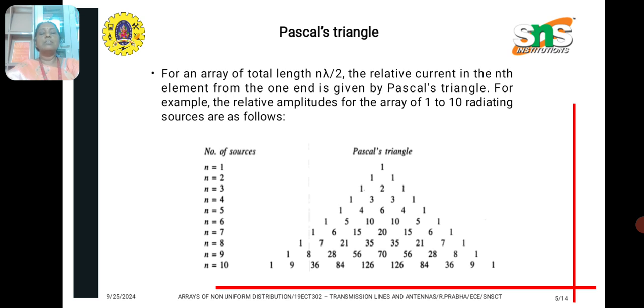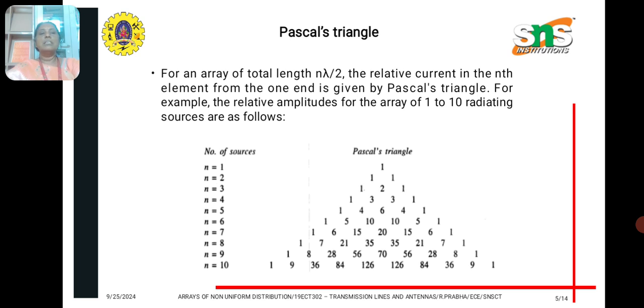For n equal to 3, the first and last elements are 1, and the second element is obtained by adding the adjacent elements of the previous row: 1 plus 1 is 2.